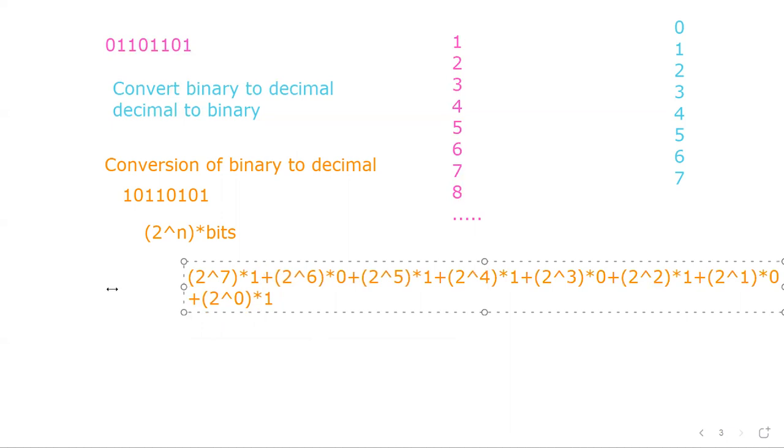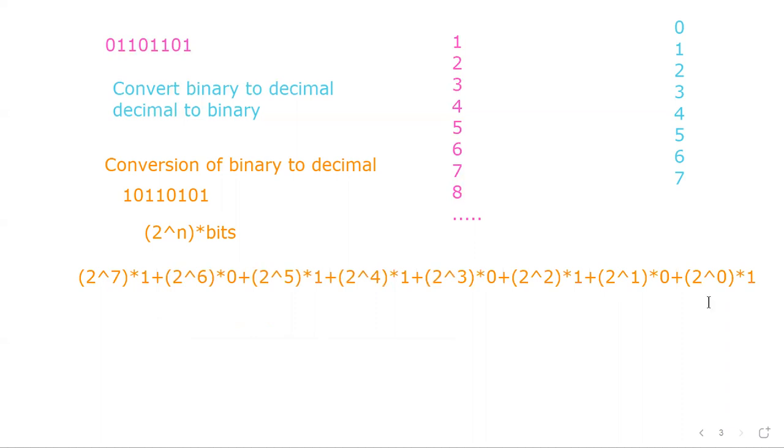Now let me solve this equation. What comes? 2 to the power 7 is 128.